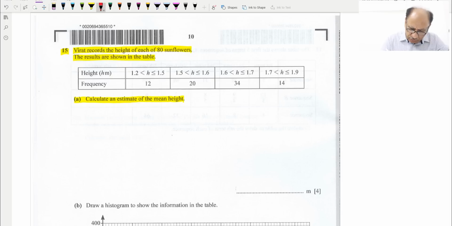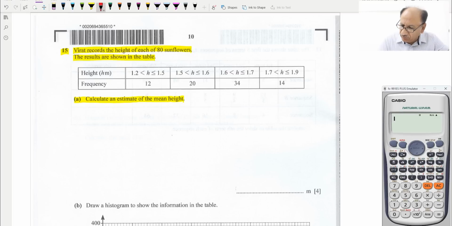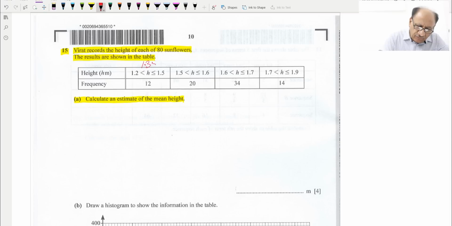So 1.2 plus 1.5 divided by 2 will be equal to 1.35. So 1.35 is the mid range for this one. Similarly, this will be 1.55, this will be 1.65, this will be 1.8. You need to just add the starting and ending value, and after adding, divide by 2.